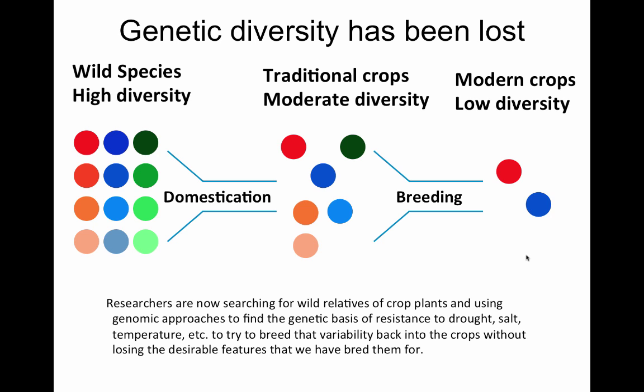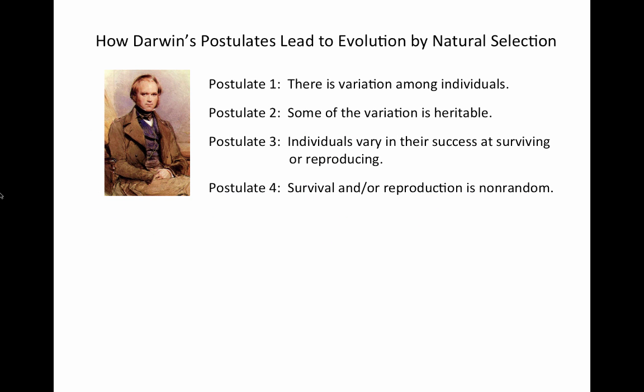So being able to genetically engineer so that you keep the genes that code for the traits that we like in our edible plants, and also bring in that genetic variability for other features of the plants that are going to make them more adaptable in the face of changing climate to be able to continue to feed an ever-increasing human population.